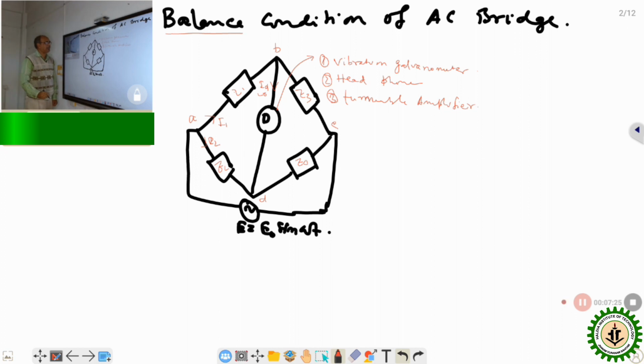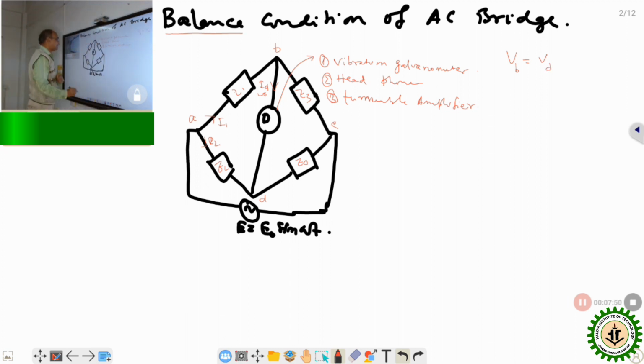Okay. So the potential drop across this arm will be the same. Potential at points B and D will be the same. That means VB equal to VD.